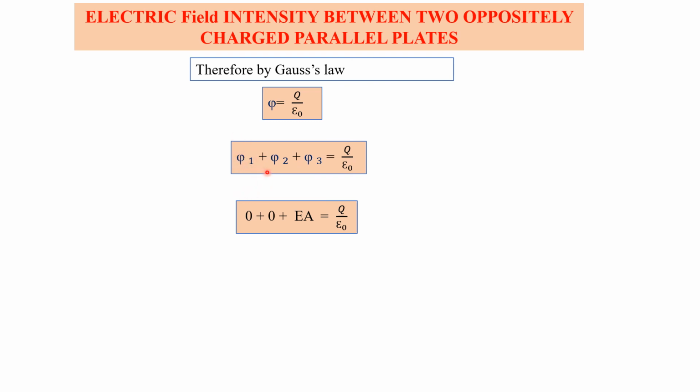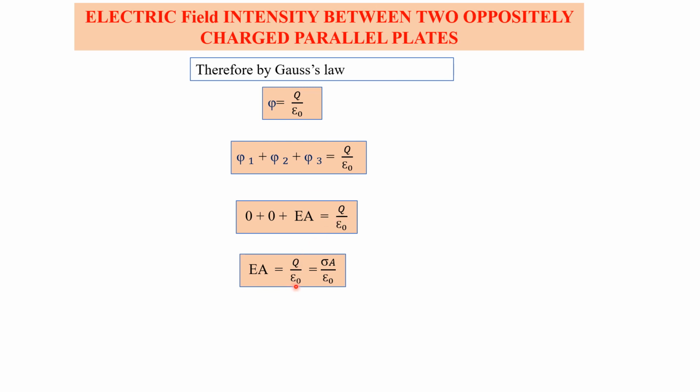Phi 2 is flux at side 2 of the Gaussian surface. Phi 3 is flux of the lower surface of the Gaussian surface, which is a box. As we know that flux at side 1 and side 2 is 0, and flux at the lower surface, side 3, is EA, by putting the values we get EA is equal to Q upon epsilon naught.